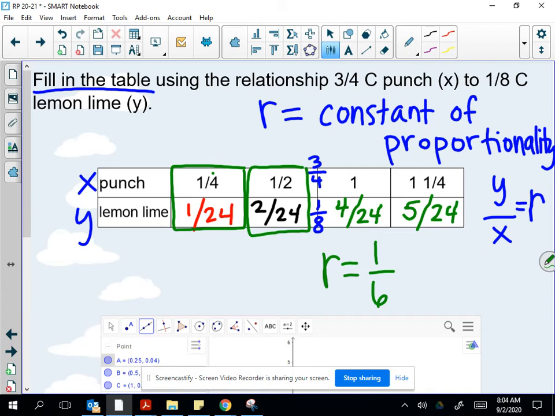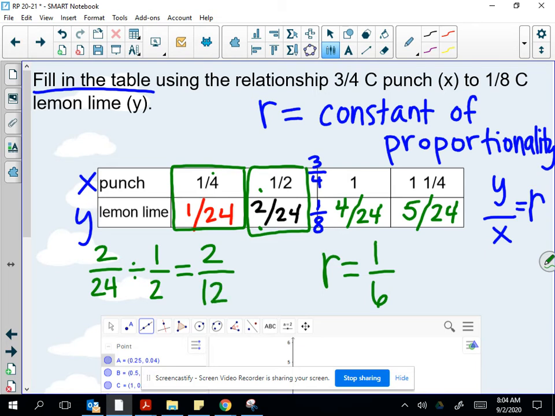So again, I'm going to do my y value divided by my x value. My y value here is 2 24ths. I'm going to divide that by 1/2. Y divided by x. 2 divided by 1 is 2. 24 divided by 2 is 12.